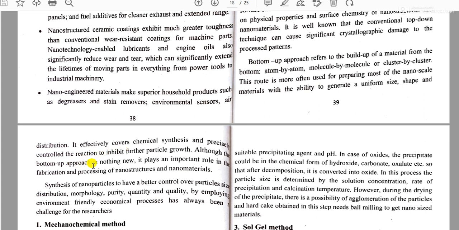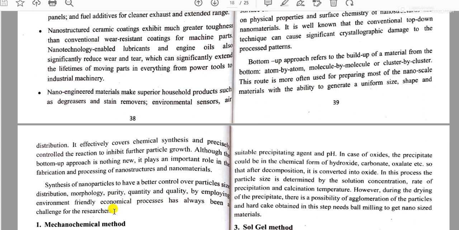Although the bottom-up approach is nothing new, it plays an important role in the fabrication and processing of nanostructures and nanomaterials. Synthesis of nanoparticles with better control over particles' size, distribution, morphology, purity, quantity and quality by employing environment-friendly economical processes has always been a challenge for researchers.